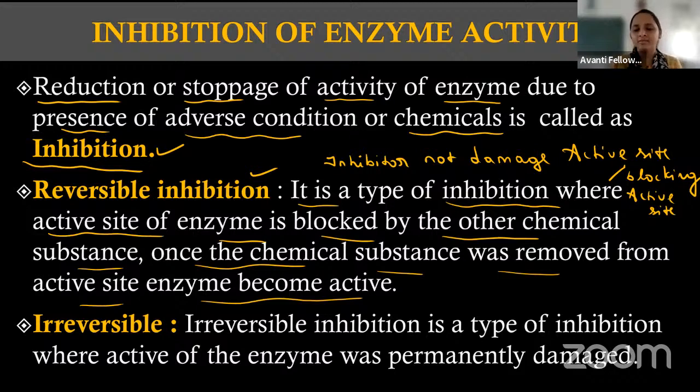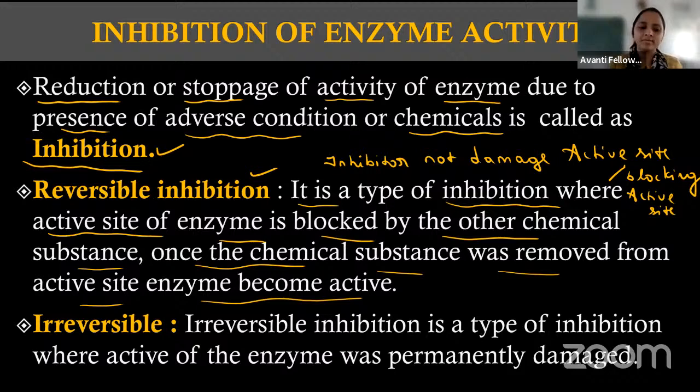But what happens in the irreversible inhibition is that the inhibitor will come and bind to the active site of the enzyme, and it damages the active site. After the removal of this inhibitor from the active site, the damage is not removed. The substrate cannot come and bind to the active site of the enzyme. It is completely damaged.